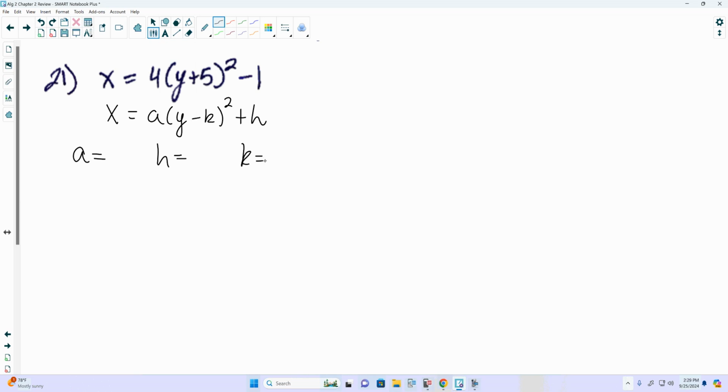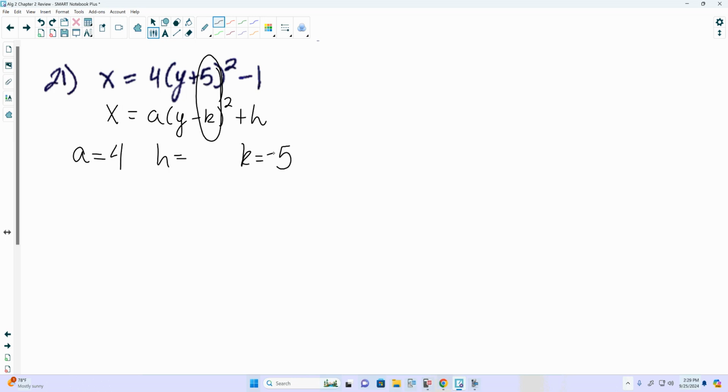We'll need the values of a, h, and k. We only need A to find P, and we need H and K to find the other values. A in our case is 4. K comes from inside the parentheses, and it'd be -5 since it's +5 inside. It comes out as negative.